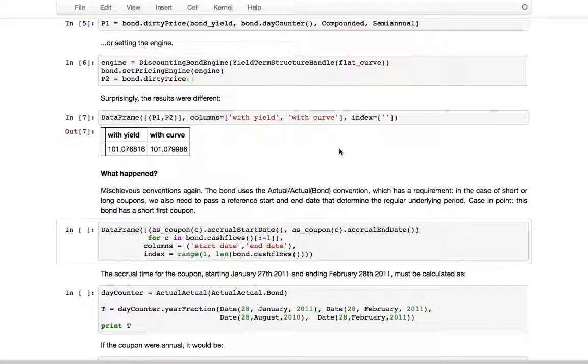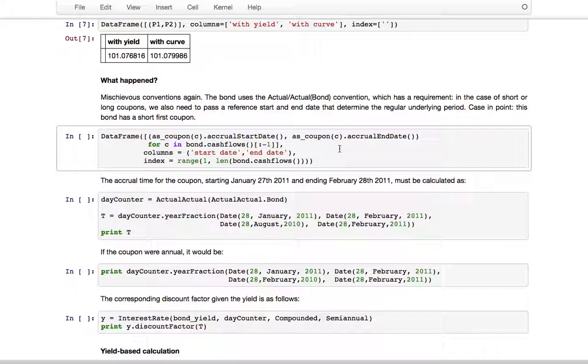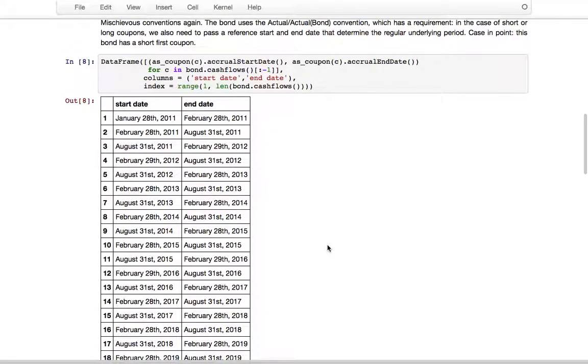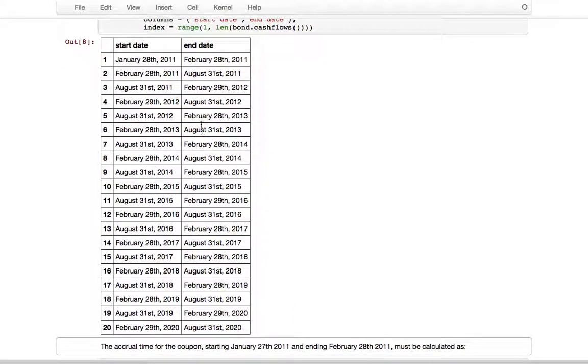This is especially needed in cases like this particular bond, which, as you can see, has a short coupon at the beginning.